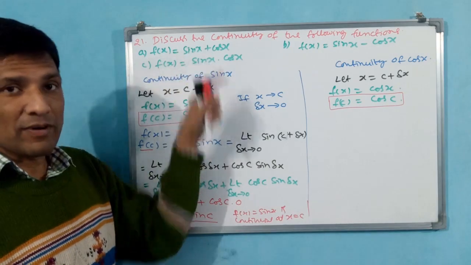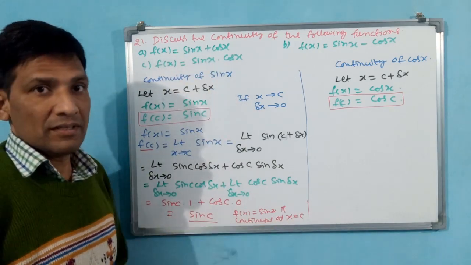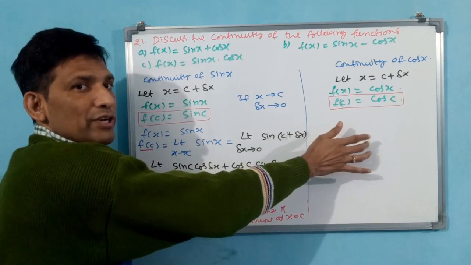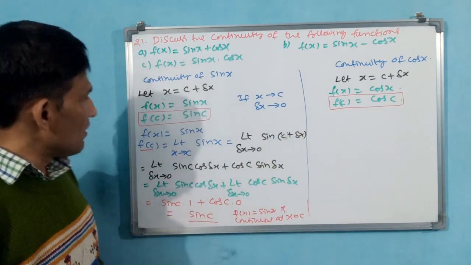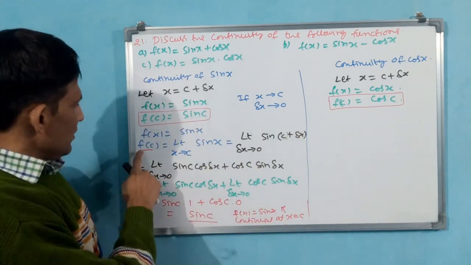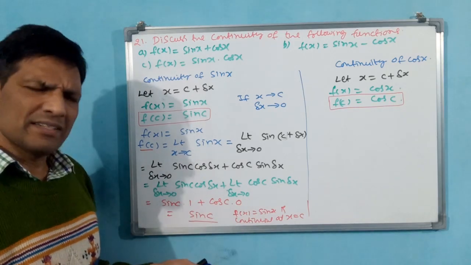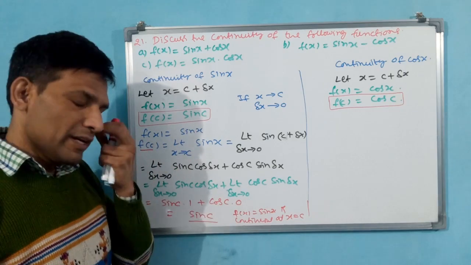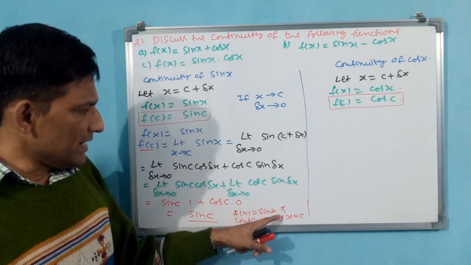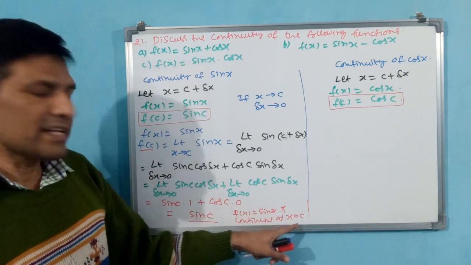Again, for generalized form, we are going to write this c. Because f of c is equal to sin c has come finally, LHS is equal to RHS you can write. And f of x is equal to sin x is continuous at x is equal to c.